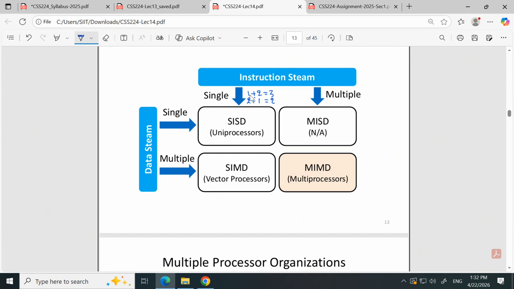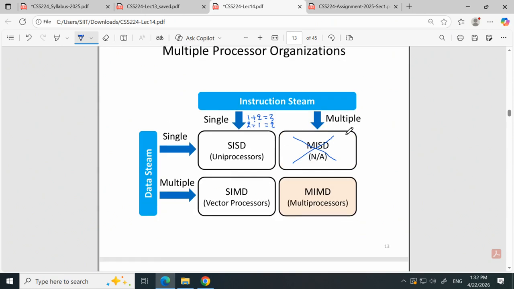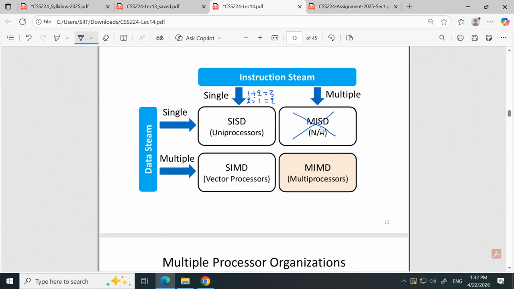One instruction, one set of data. That's all. And this one is not available, so we'll not talk about it, but it's good for you to understand what it is. Multiple instruction, single set of data. Nobody has implemented it yet. It's not available.